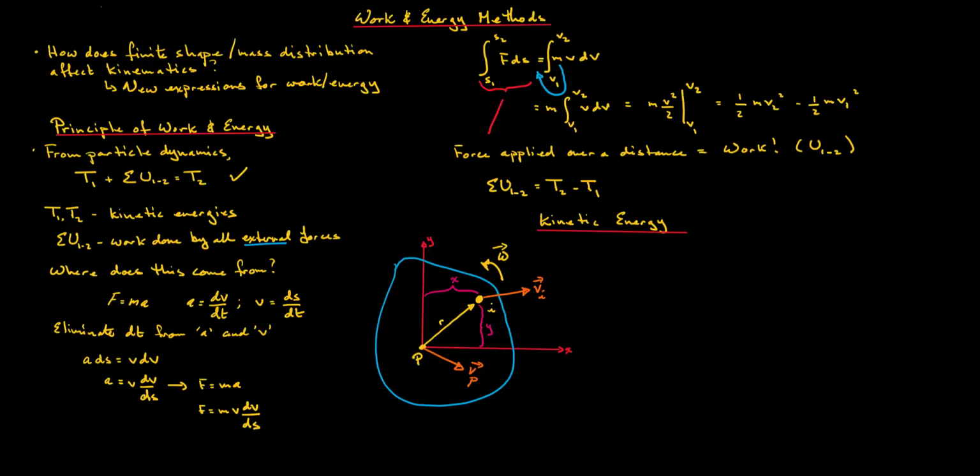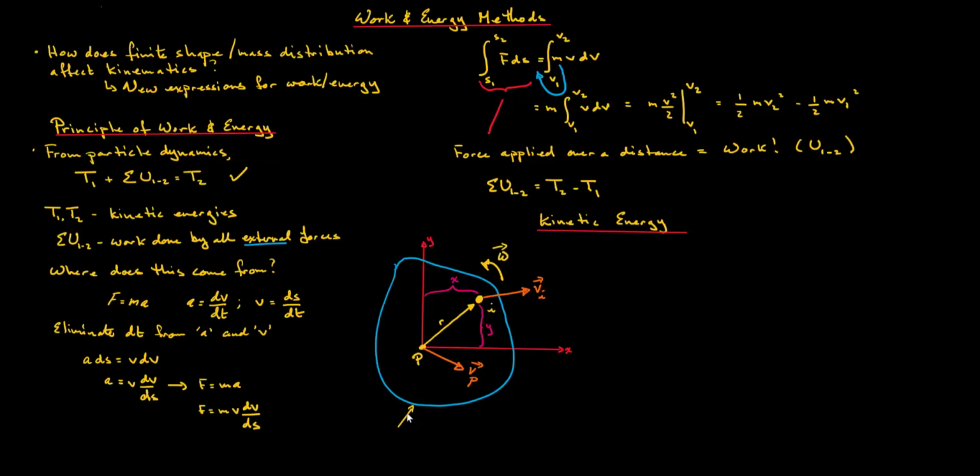As we just alluded to, the kinetic energy for a rigid body might be different from that of a particle. So let's look at a rigid body here, given in blue. So it's a standard bean-shaped object, fairly arbitrary.